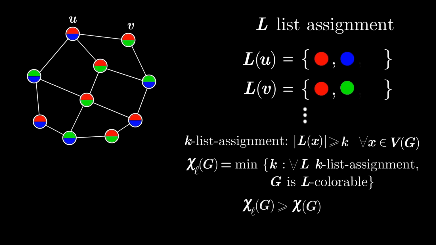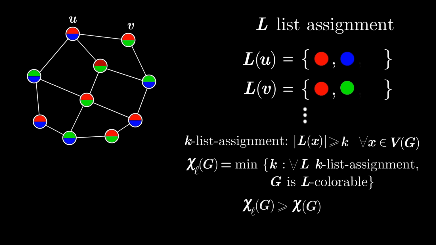With this list assignment, with 2 colors per vertex, it is impossible to find a coloring. If we choose, let's say, red in this vertex over here, then we must choose green on the vertex right below it. And therefore, in these 2 vertices to the left that are adjacent to these vertices that we have already colored, we have to choose blue in both of them, but they are adjacent vertices, so this is not possible.